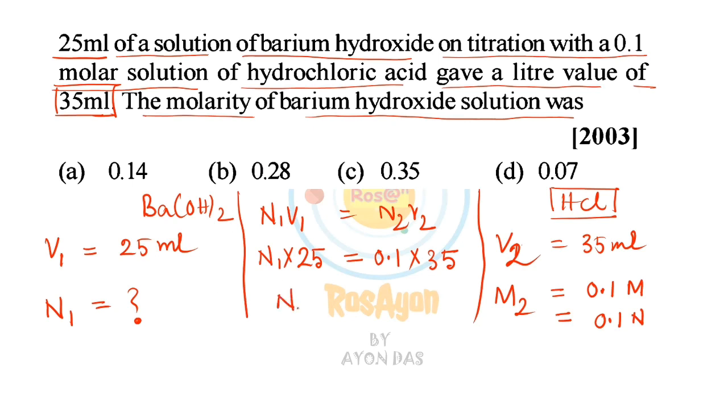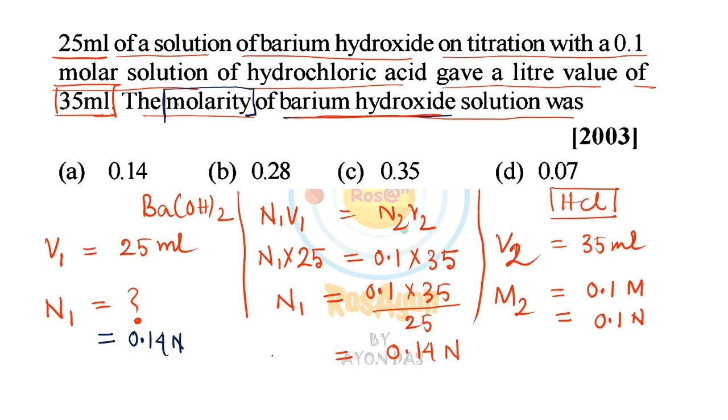So calculate the value of N1, that equals 0.1 into 35 divided by 25, that equals 0.14 normal. So the concentration of barium hydroxide equals 0.14 normal.